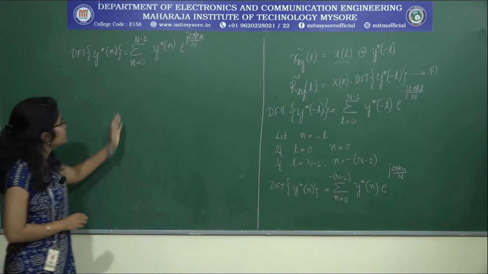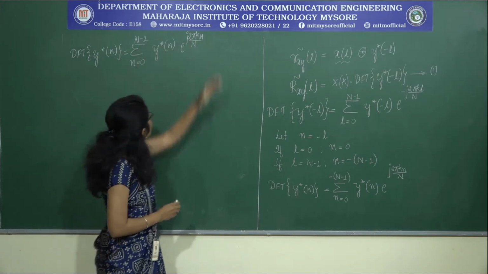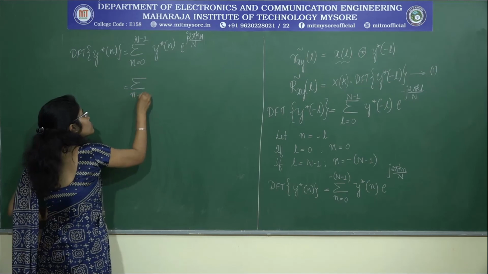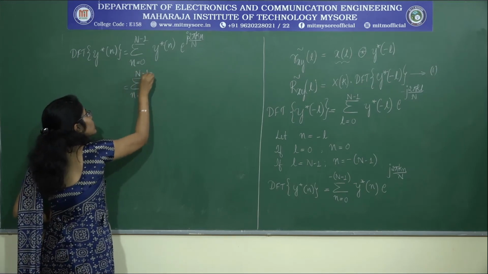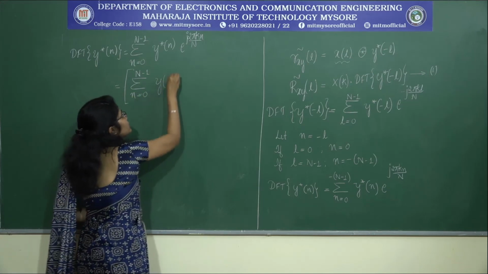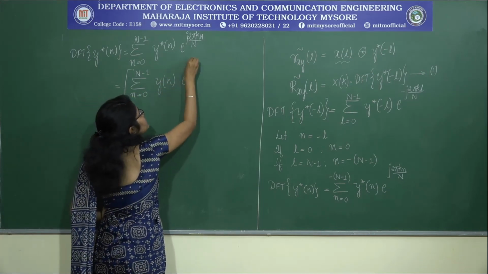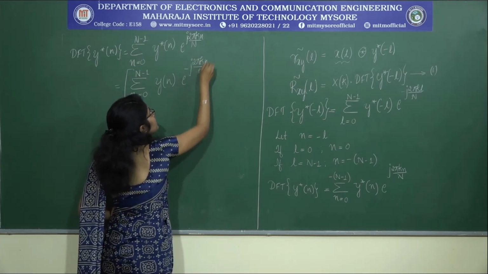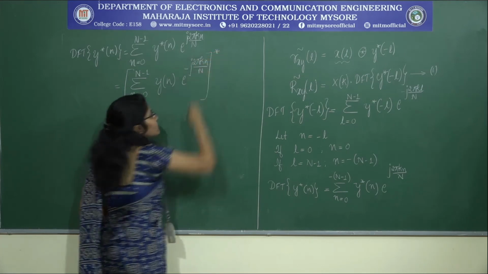Okay. Now, let us take conjugate for the entire term. So, if we do so, summation n ranges from 0 to n minus 1, y of n e power minus j 2 pi k n by n, the whole conjugate.